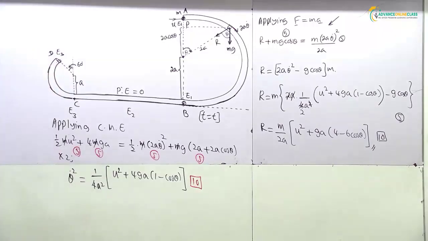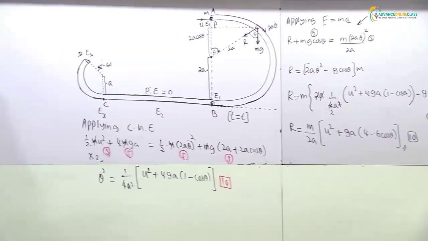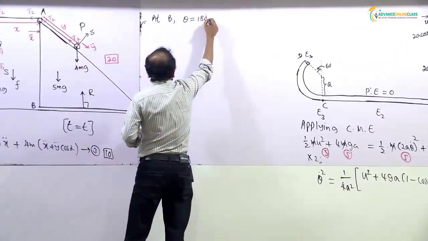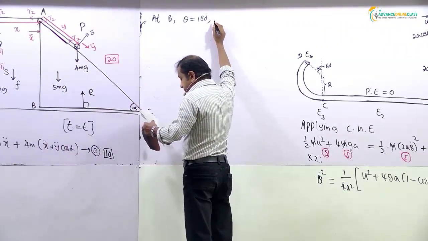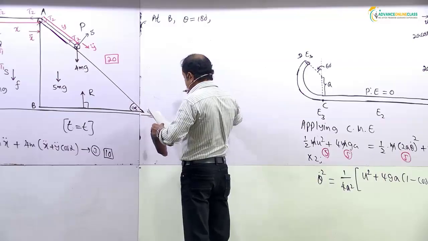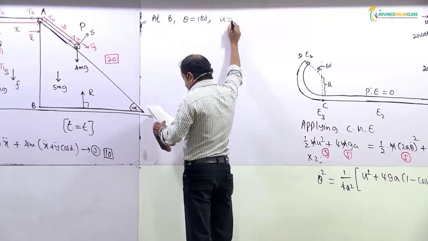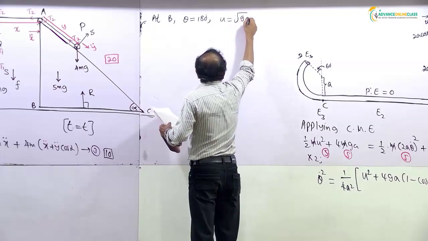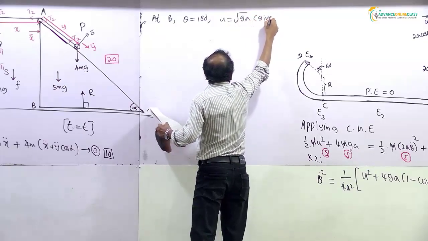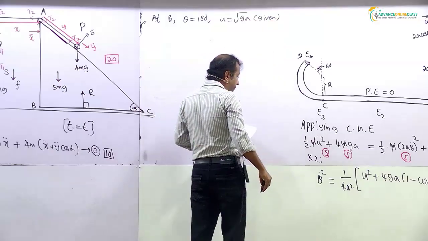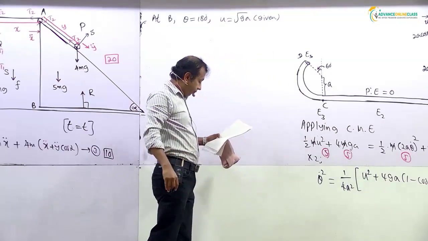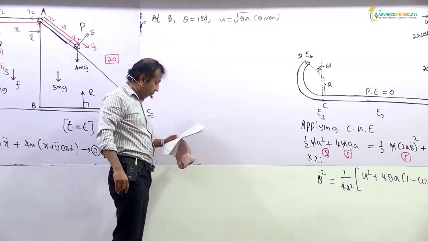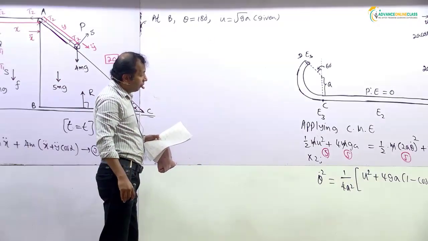Correct, no? Right. Yes, now you can write at B, theta equals 180. And we are given u as root ga. This is given. Okay. Now, it is asking to find the velocity. That can be found here.